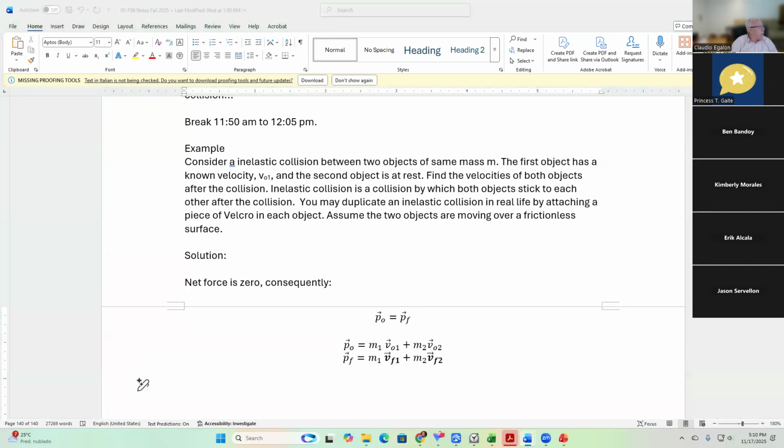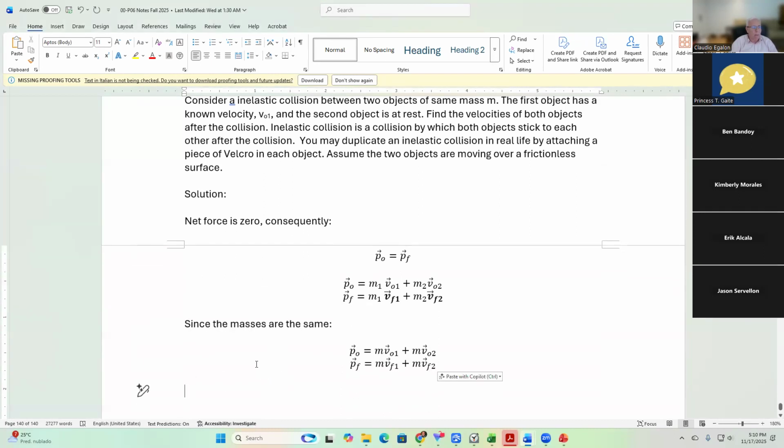But now we're going to apply the knowledge that the two masses are the same. The condition of the problem: two masses are the same, M1 equal to M2, and it's going to be equal to M. We still do not know V final 1 nor V final 2.